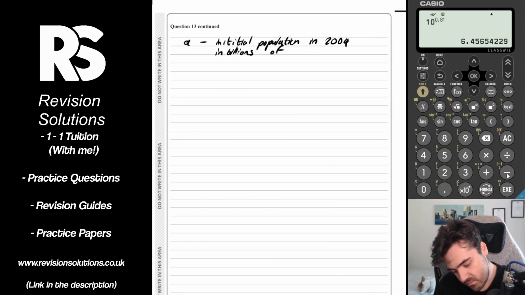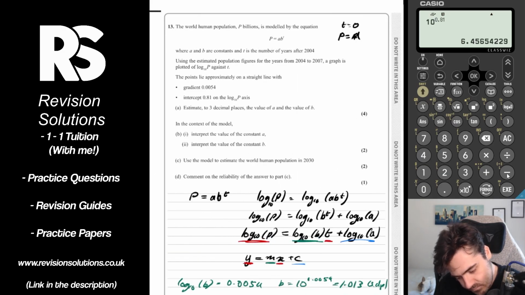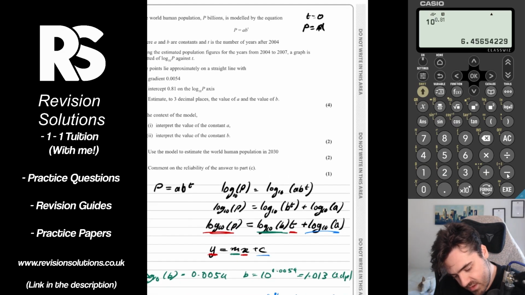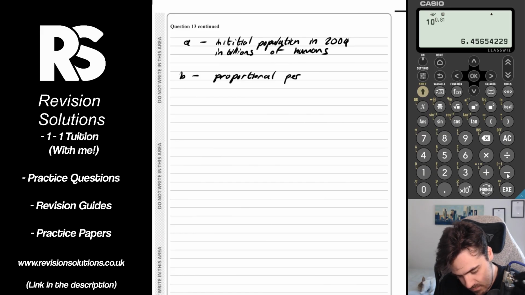So of humans, we'll say. And then B is the proportional change, t measured in per year, of humans. Right, proportional change. My bad.